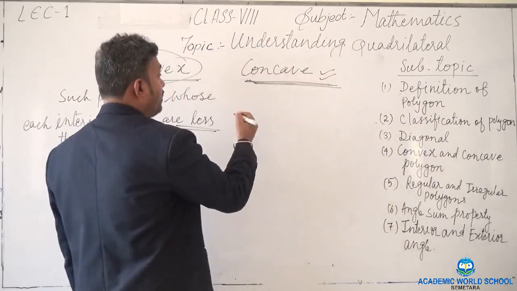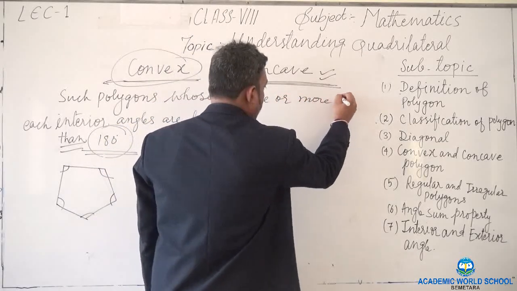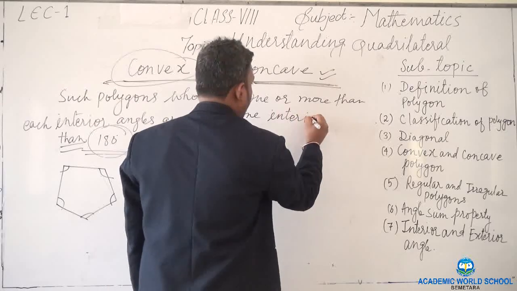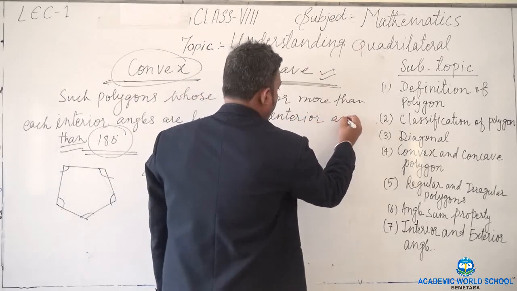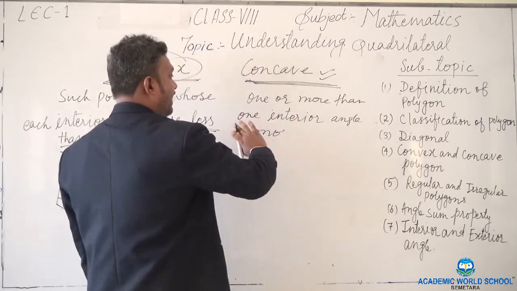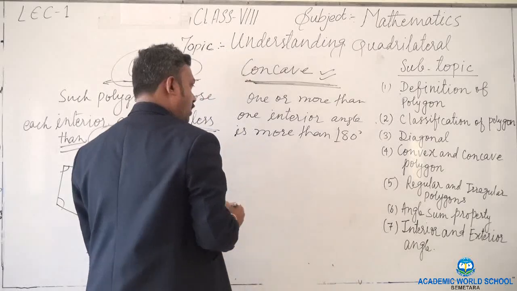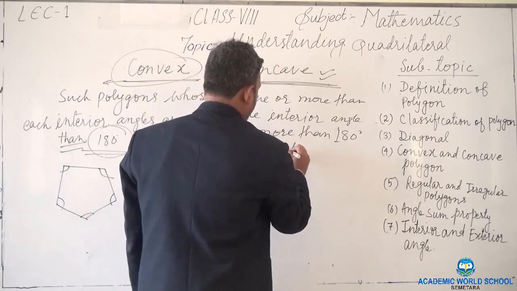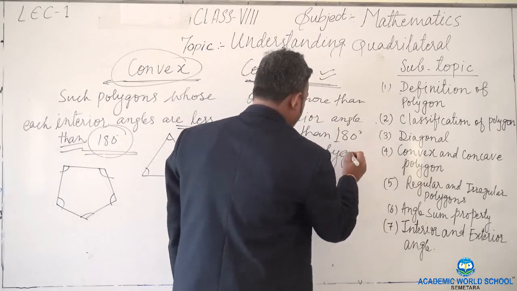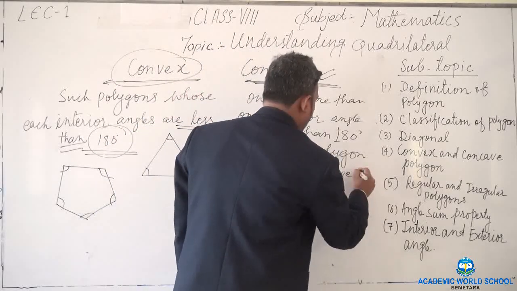Okay, so we write here: one or more than one interior angle is more than 180 degrees, then such a polygon is called a concave polygon.